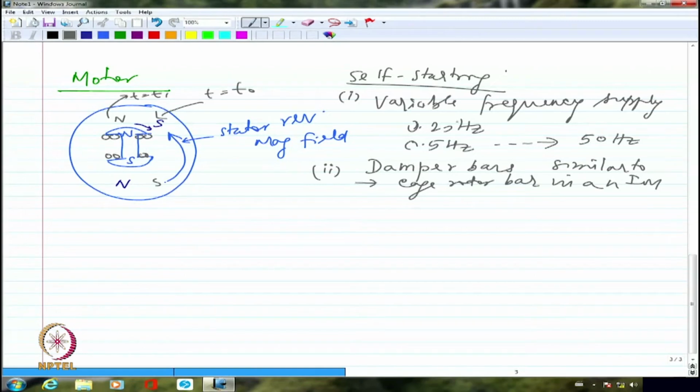Whenever the speed is different from synchronous speed, the damper bars are going to get induced currents depending upon the difference between the rotor speed and the revolving magnetic field speed. That damper bar current is going to produce a torque similar to an induction motor torque. That will try to push the machine back to synchronous speed. That's what is going to happen.